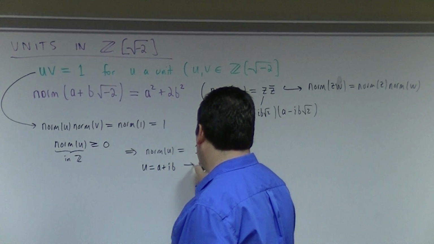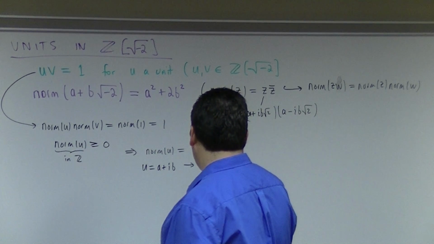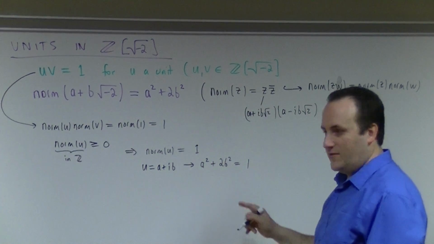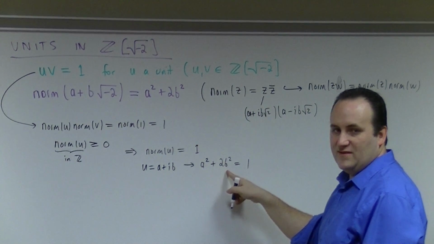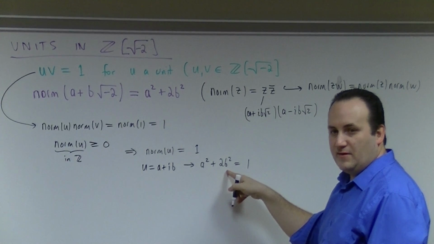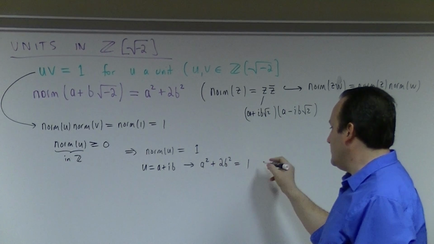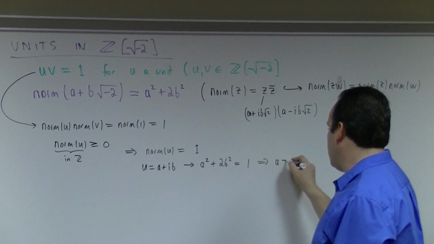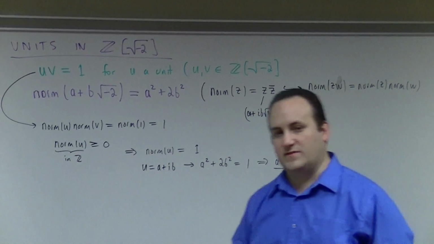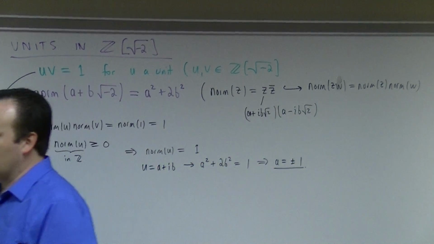That says that a squared plus 2b squared is equal to 1, right? So certainly b is out of the question. I can't have b as plus or minus 1 here. There's no hope, right? A and b are integers. So my only solutions are a is equal to plus or minus 1. In other words, the units in Z adjoin root minus 2 are the same as the units in the ordinary integers.